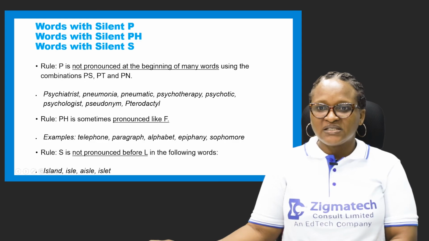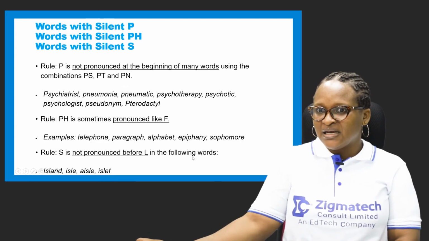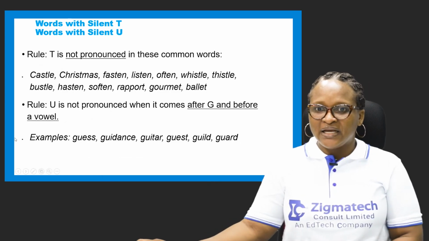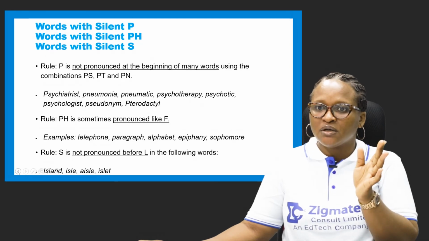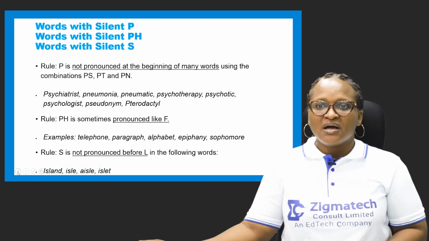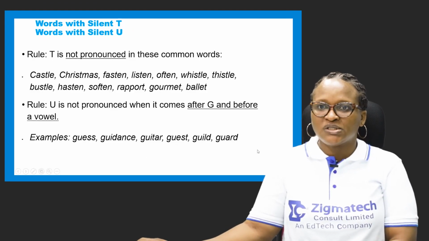The rule for S says it's not pronounced before L: island, isle, islet. So you don't pronounce the S.